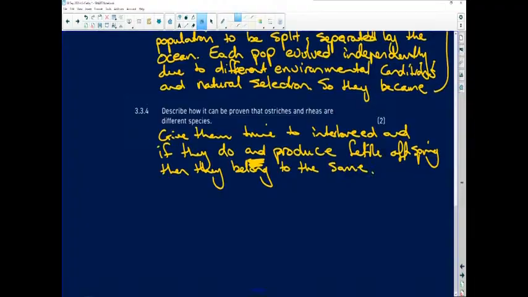Now remember, what is a species? A species is a group of organisms that look similar, that have the same DNA sequencing, that can interbreed and produce fertile offspring. What's a population?